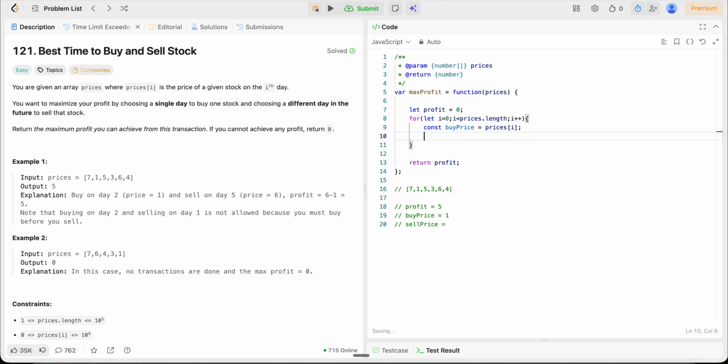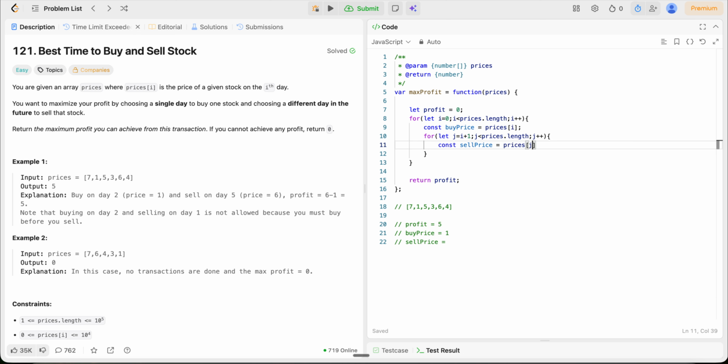Then what will I do is that for every buy price, now I will iterate over all the future or the selling prices, j less than prices.length and j plus plus. const sellPrice is nothing but prices of j.